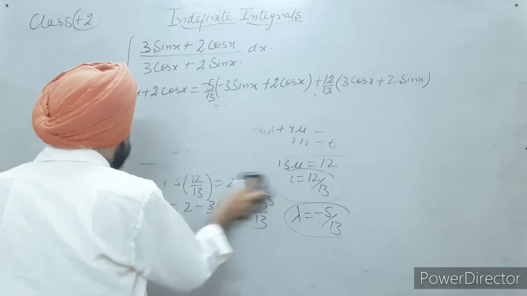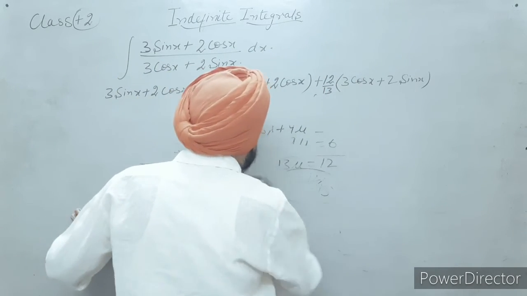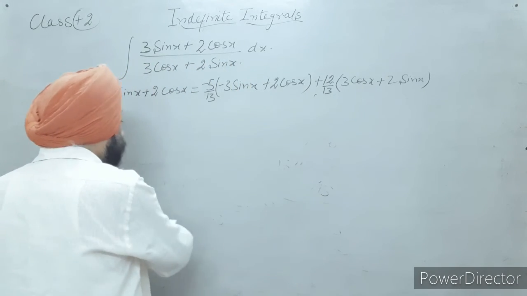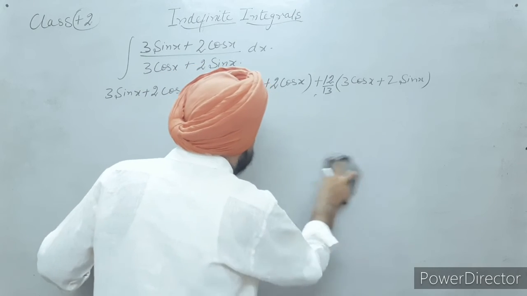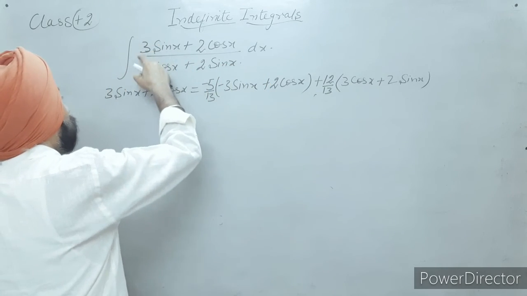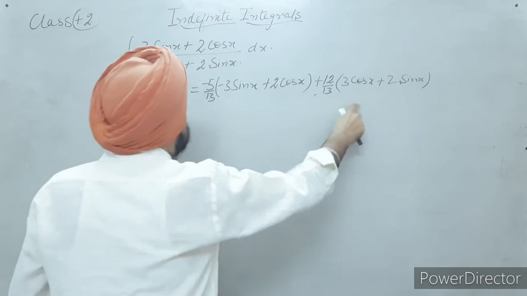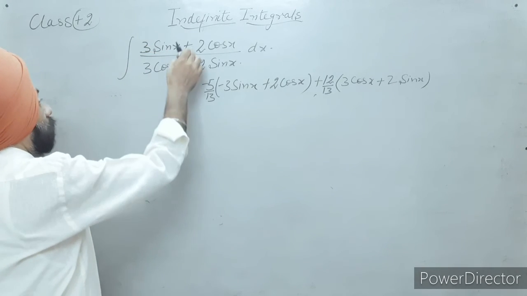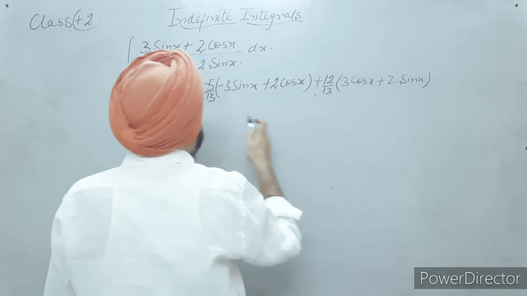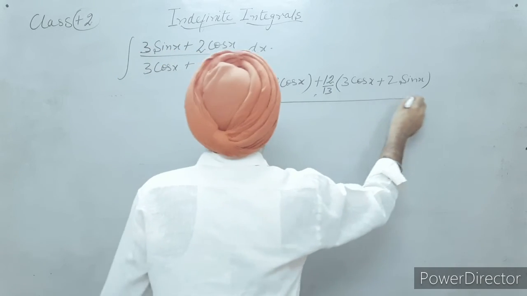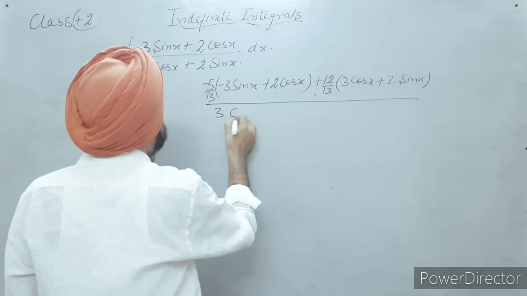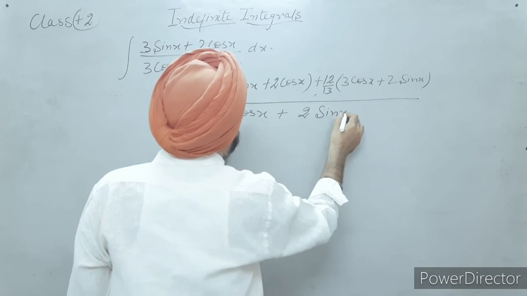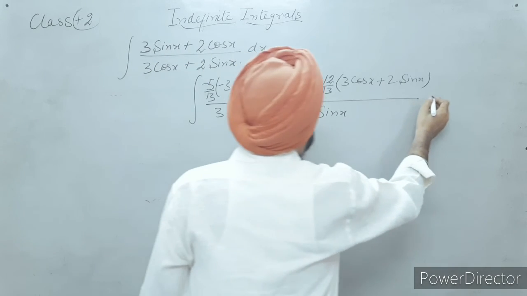We have found the values of lambda and mu, so put them in the required equation. The next step is to replace the numerator with this, upon 3 cos x plus 2 sin x. Now the quotient reduces to this.